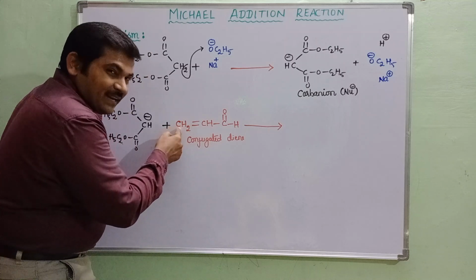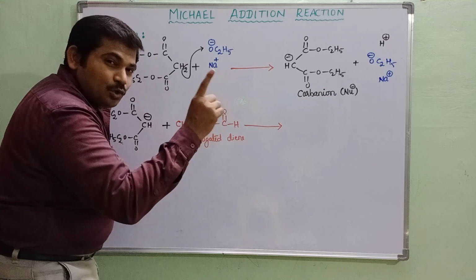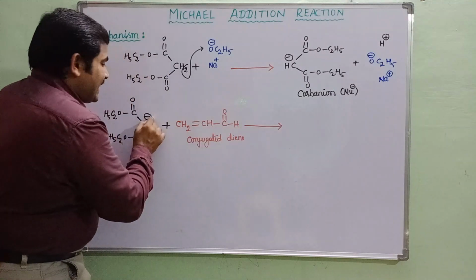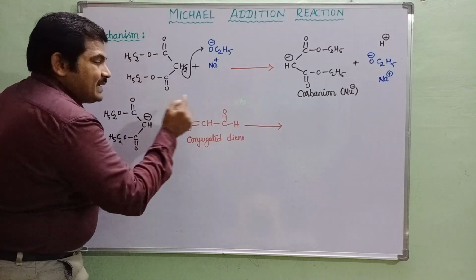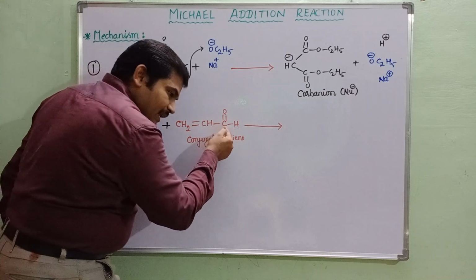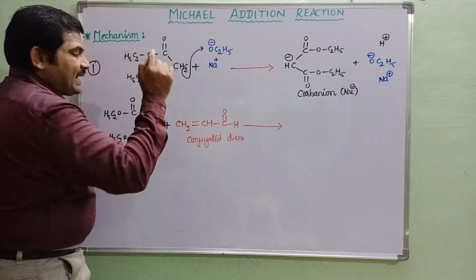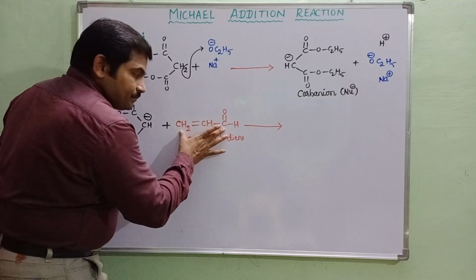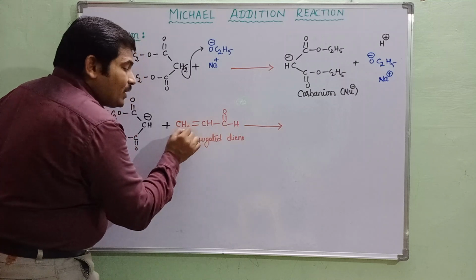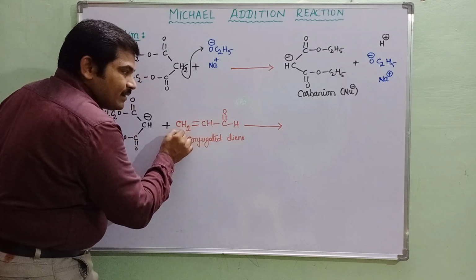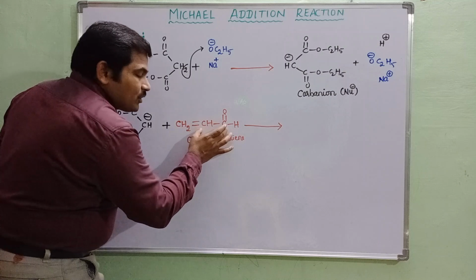So now there are two chances for the nucleophile to attack: either at the carbonyl carbon atom or the beta carbon atom. Which one is strongly electrophilic in nature?